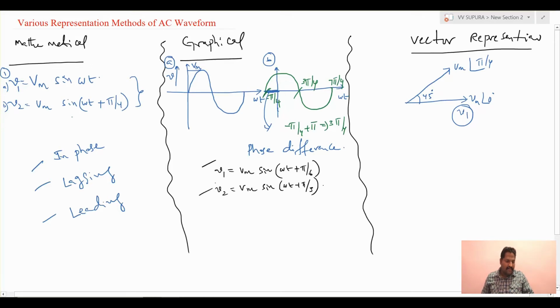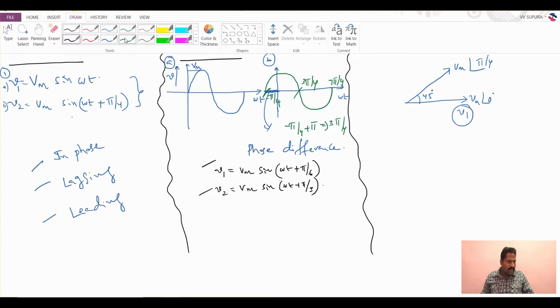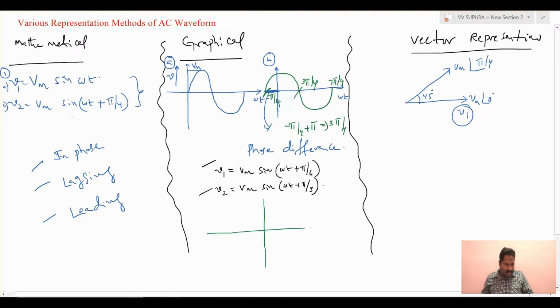How can I represent these waveforms on a single graph? Here I can use a single graph, with omega t on the axis. This is 0, pi by 2, minus pi by 2, pi by 6, minus pi by 6, minus pi by 3, and pi by 3, that is 60 degrees. 30, 60, 90.